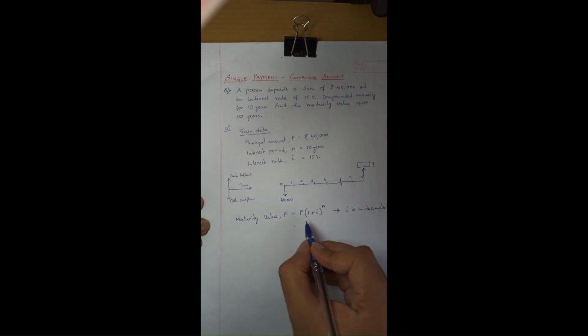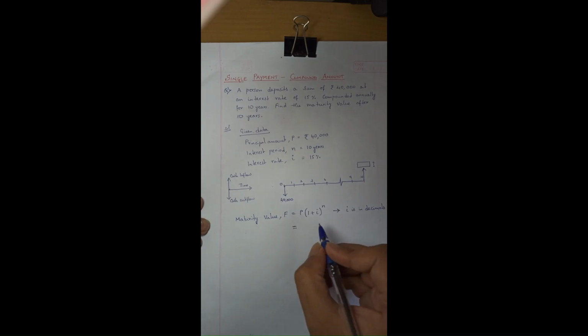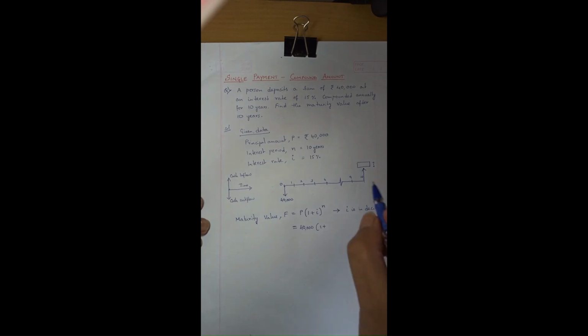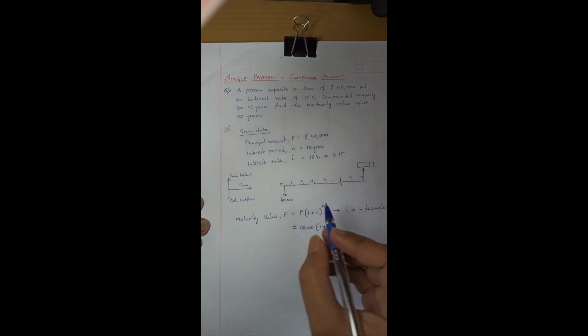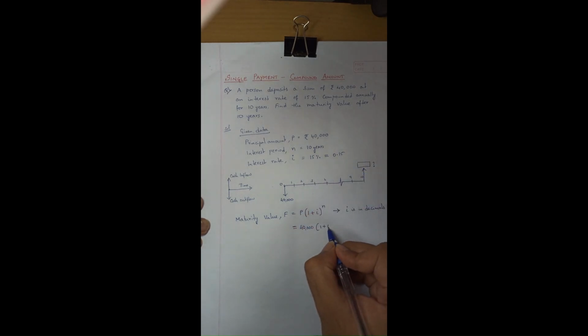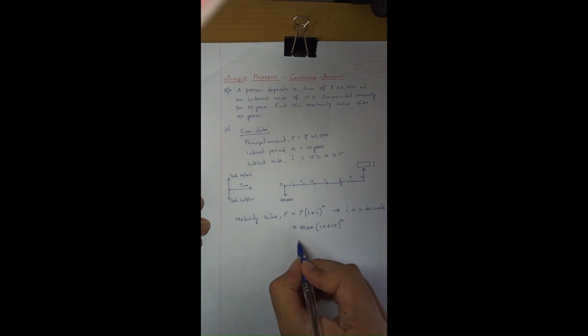So I am substituting the values into this equation. P is 40,000 multiplied by (1 plus 0.15, which is 15 divided by 100) whole to the power of n, which is 10 years. For these types of problems, first you are supposed to determine this particular value and then multiply it with the principal amount.